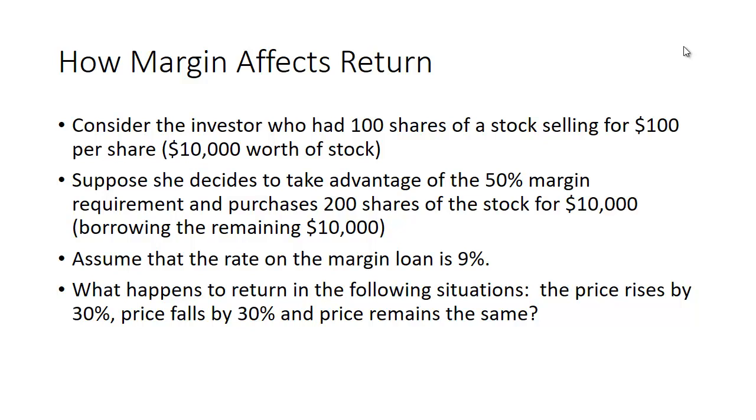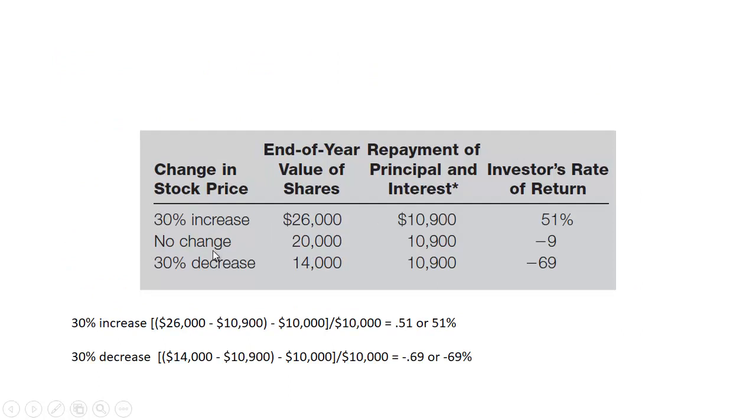So we're going to look at 3 different situations. Price rises by 30%, price falls by 30%, and price remains the same. So if the price rises by 30%, the value of the stock goes from $20,000 to $26,000. If you subtract out the amount of interest and principal you have to repay on the loan, we can calculate the return.